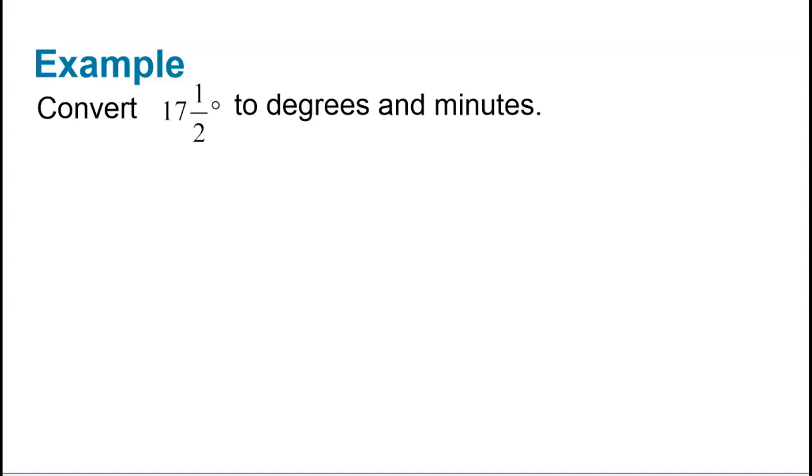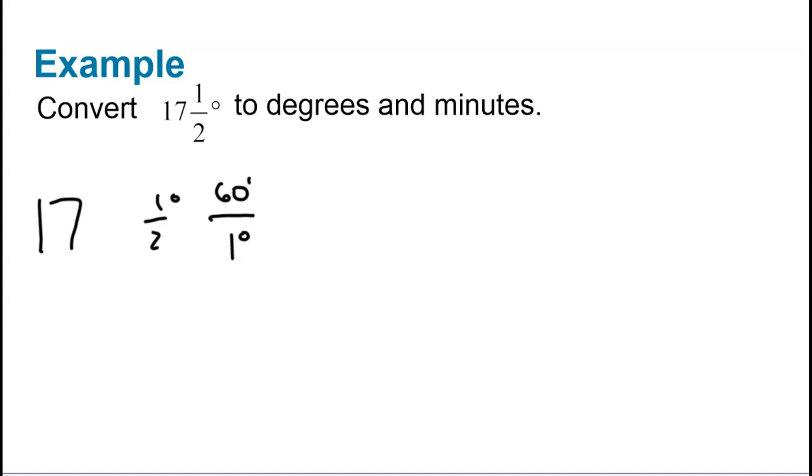So if we have 17.5 degrees and we want to get that into minutes, what I will do is put my actual degrees over here, and then I'm going to bring the half a degree out here. There's my unit. And we're going to use that method that we've been using throughout the semester on how to simplify units and cross them out. We do know that in 1 degree, there are 60 minutes.